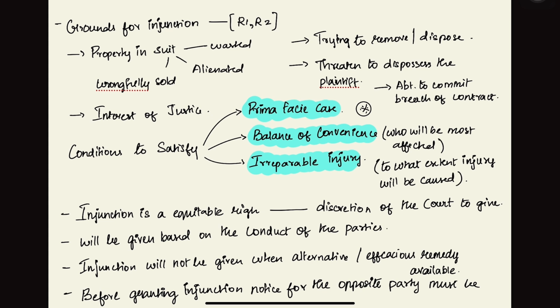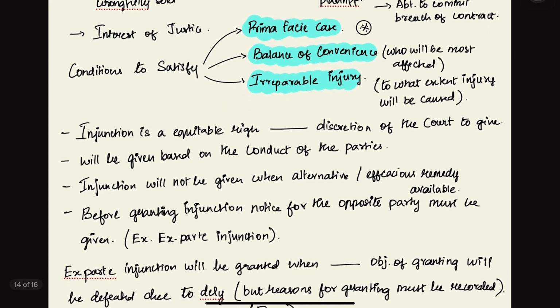And there should be an irreparable injury. So the injury that might be a result of providing an injunction cannot be compensated by money, right? So that will be an irreparable injury. And by irreparable injury, in the sense, the court will estimate to what extent that injury will be caused.